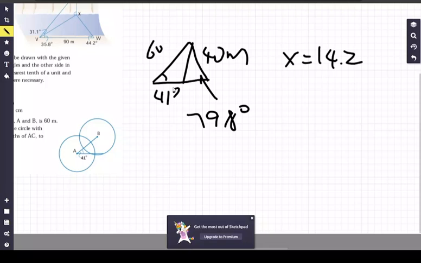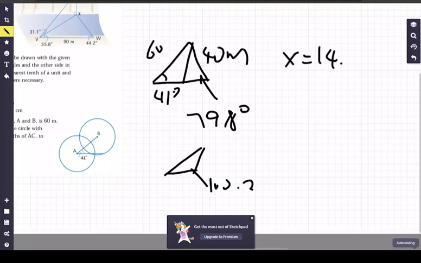Let's drag that angle outside. So if you remember, this was 79.8, and inside here, this was also 79.8. What does that mean? We can do 180 minus 79.8 to find the angle right here. This is 100.2.